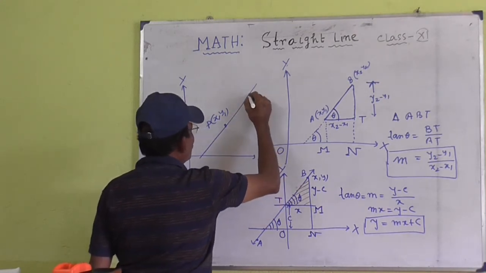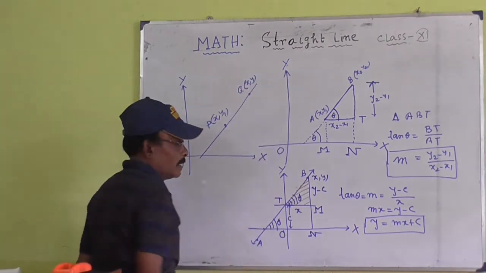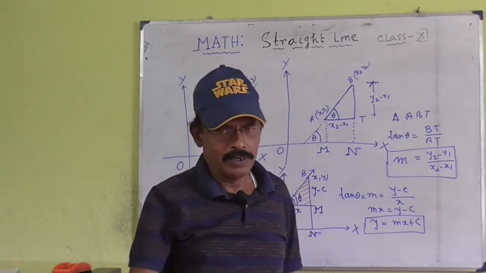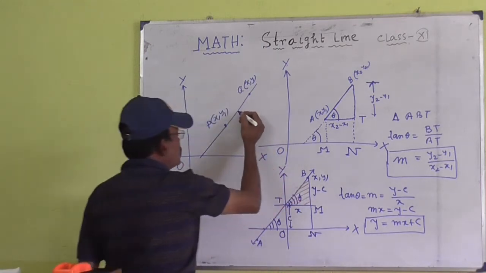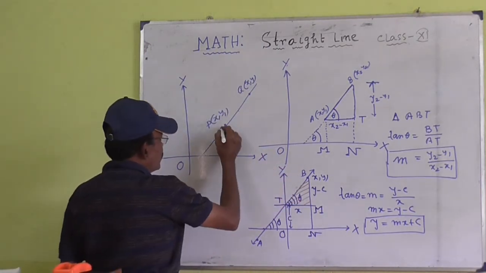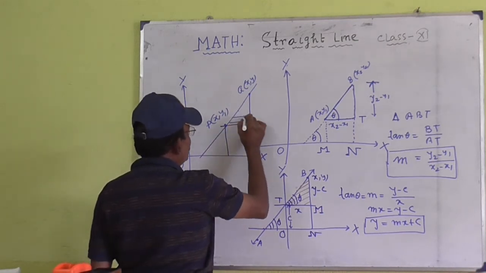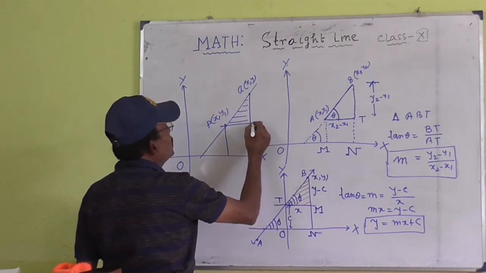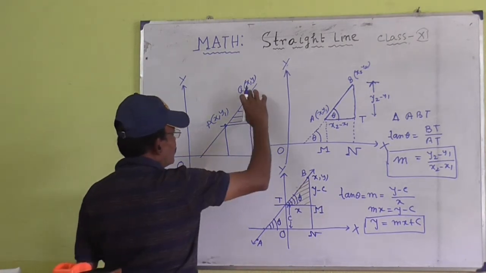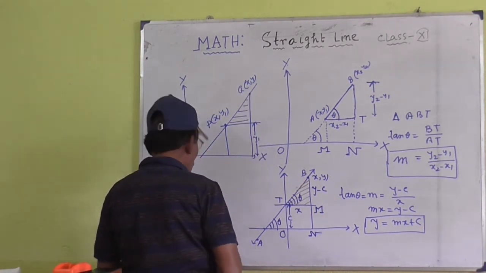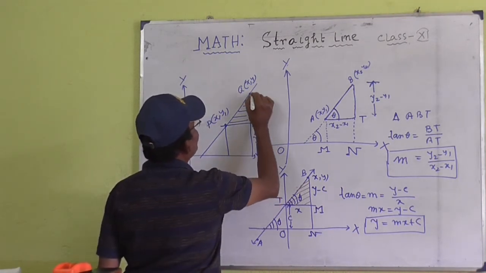On this line, we choose another point x, y. x, y is a variable point. x, y may lie in this position, this position, or this position, anyway. Okay. So if we form this triangle, this is the length of this side y1 and the length of the other side is y minus y1.